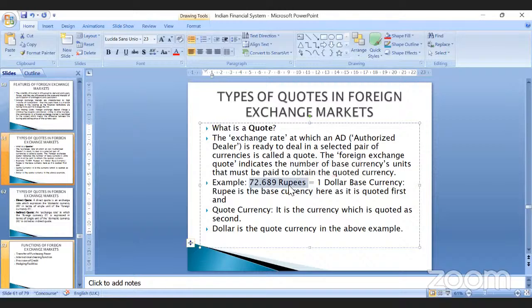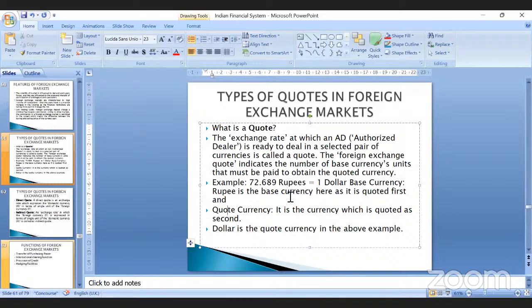Here, rupee is the base currency, quoted first. The second, the quote currency, is the dollar. So to obtain $1 you pay 72.689 rupees.